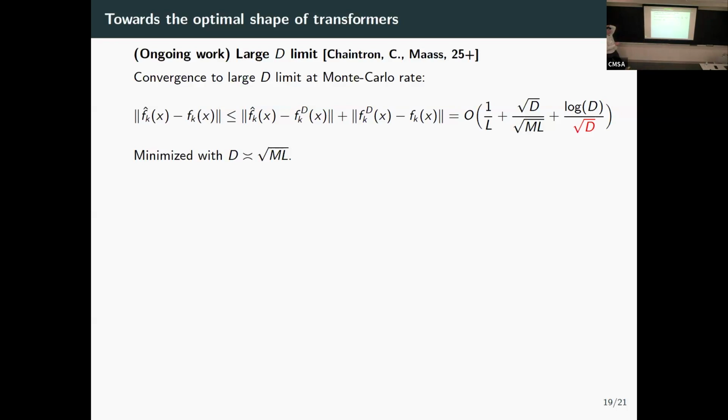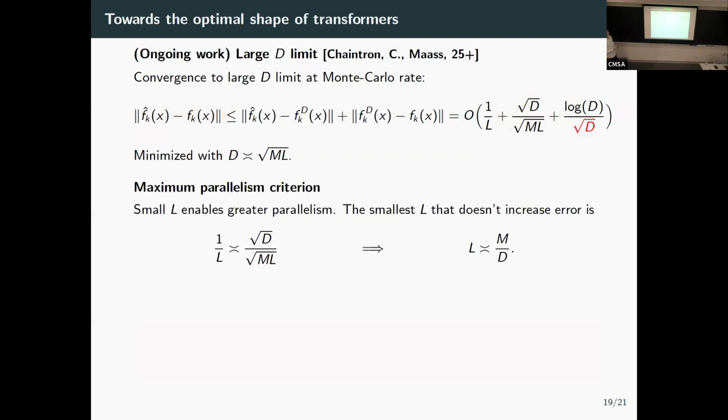Now we see that there is a trade-off in D, so I will ignore the log in all my computations after. You can optimize in D and find that the rate is minimized when D is of order square root of ML. So that's one first relation between the hyperparameters to approximate the limit as fast as possible.